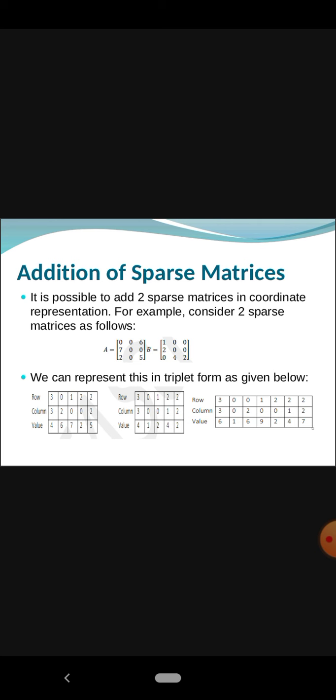So we have a resultant table here with 6 values, and the resultant matrix is a 3 by 3 matrix because we add both these 3 by 3 matrices. So we can write 3, 3, but we cannot consider the value because only after the addition can we write the total number of non-zero elements. Okay, so we got it as 6.